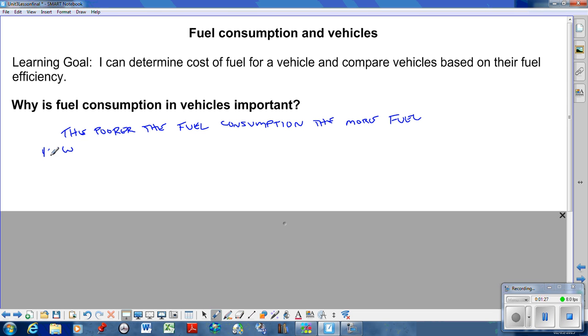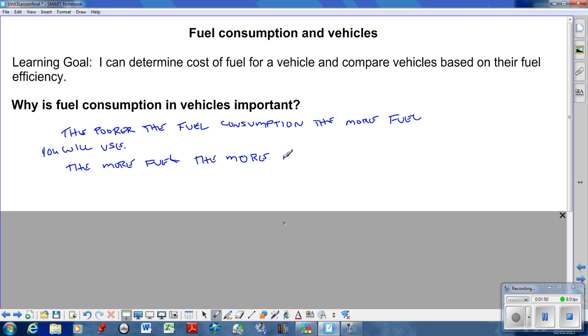So what does that mean? Well, the more fuel, the more money. So it all comes back to money.